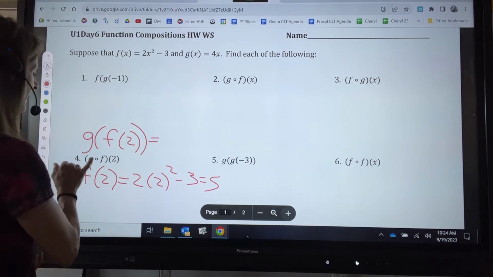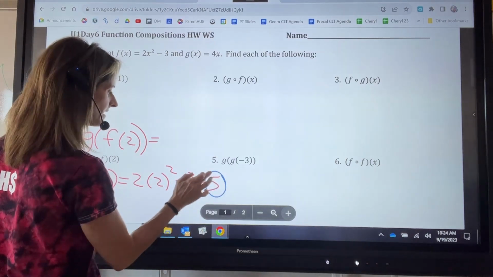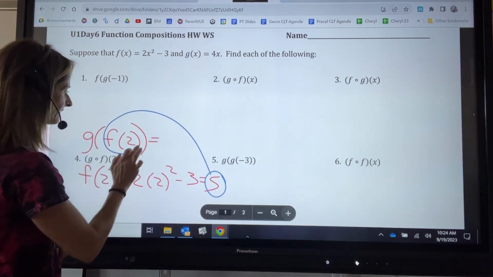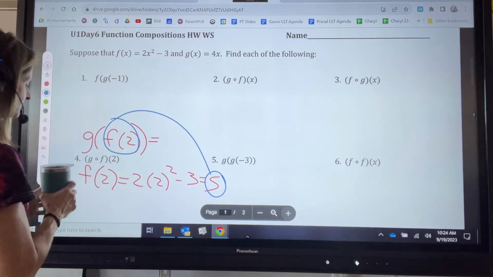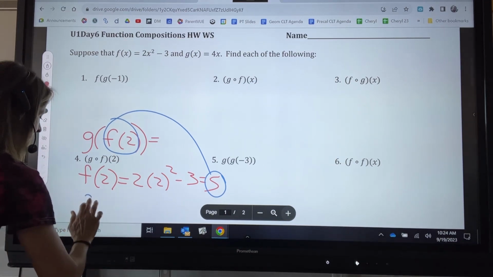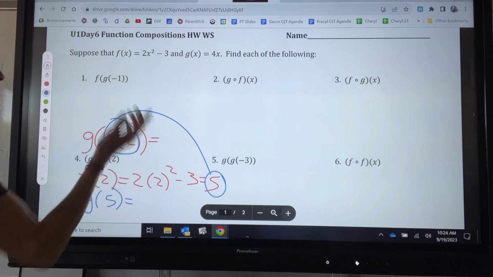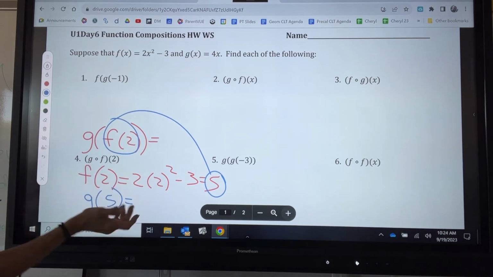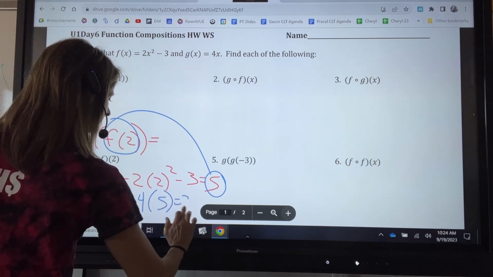Now that we have f of 2 is 5, we are going to substitute that 5 back in for f of 2. So this is g of 5. Now our g of x is 4 times x, so that's just 4 times 5, which is 20.